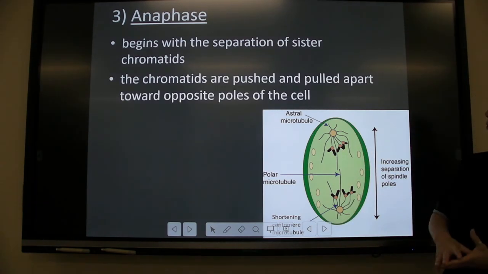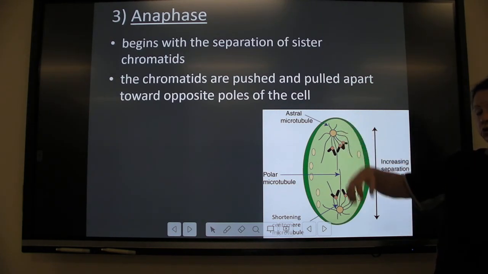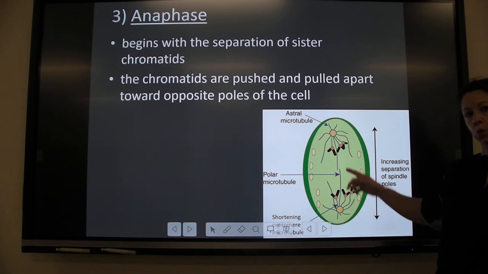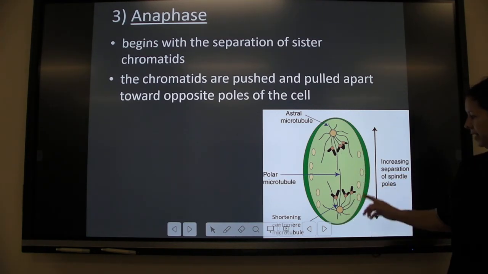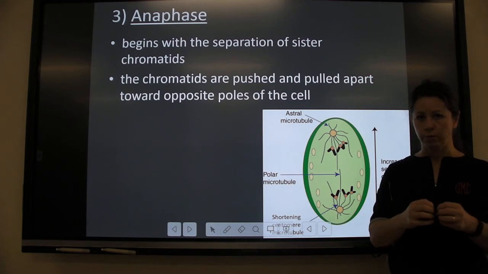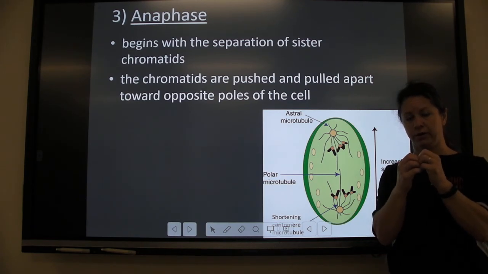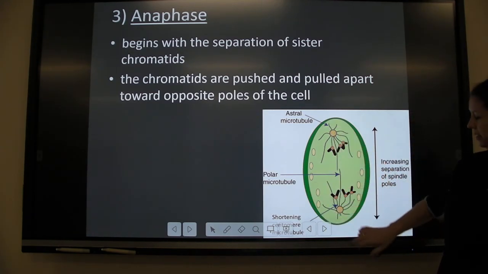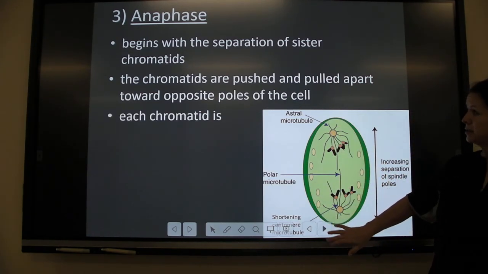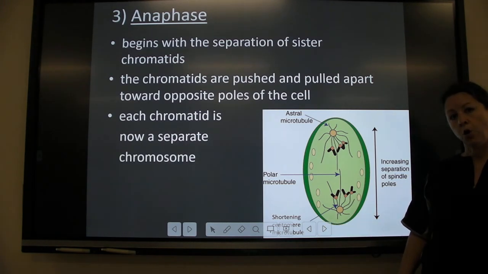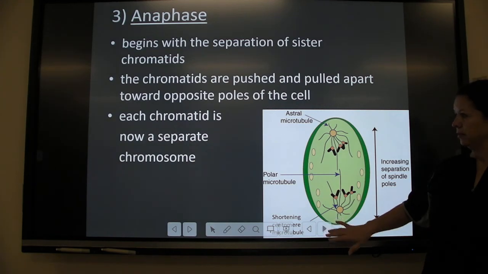And they are pushed and pulled apart toward opposite ends of the cell, or opposite poles of the cell. And so now your identical copies of your chromosomes that had been attached to each other have been pulled apart from each other, and they're at opposite ends. So each chromatid is now a separate chromosome because they've been separated.